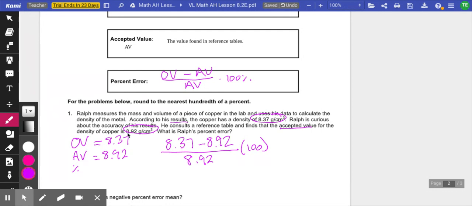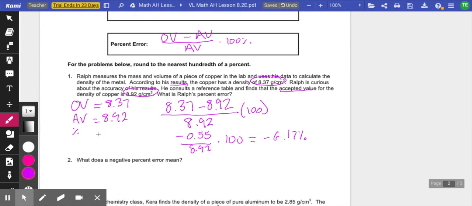So we calculate that out. We subtract and get 0.55. Then we divide by 8.92, then multiply by 100, and we get negative 6.17%.